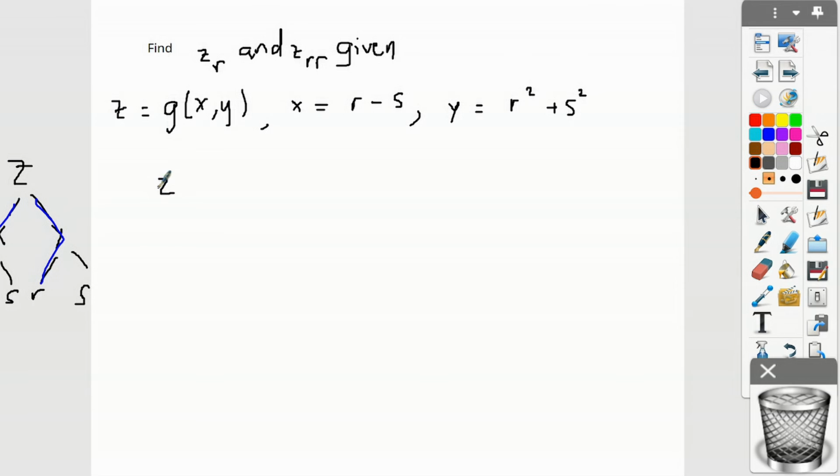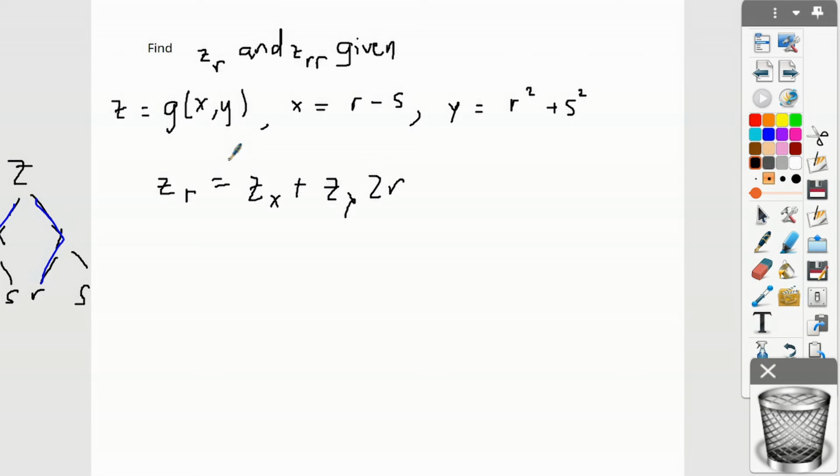So z sub r is equal to what? It's z sub x times x sub r. What's x sub r? x sub r is 1, right? And then plus z sub y times y sub r. What's y sub r? It's 2r, right?